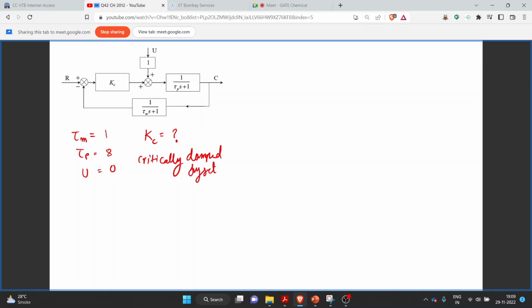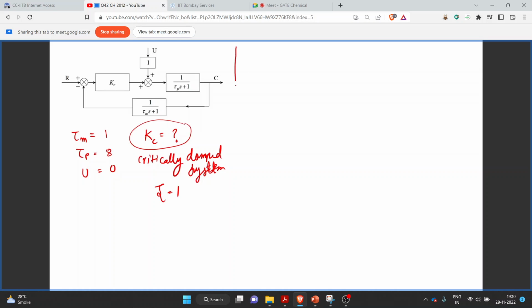And we know that for a critically damped system the value of zeta is equal to 1. So what we will do is find the transfer function of this entire system and then find the value of zeta, and equate it to 1 to find the corresponding controller gain.